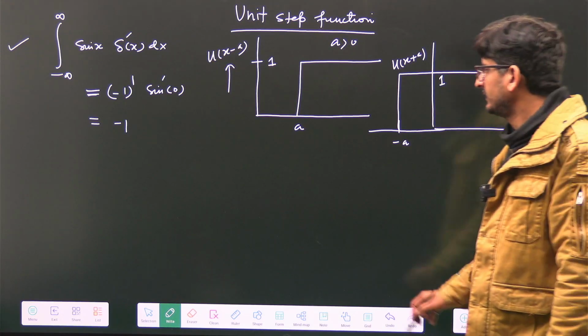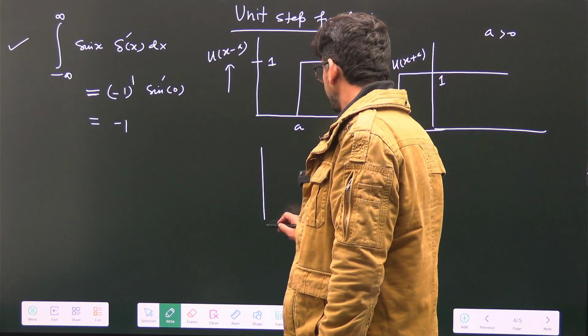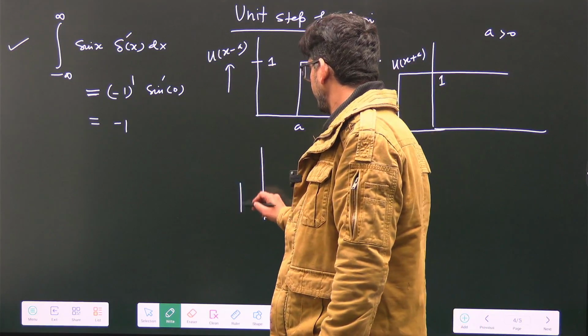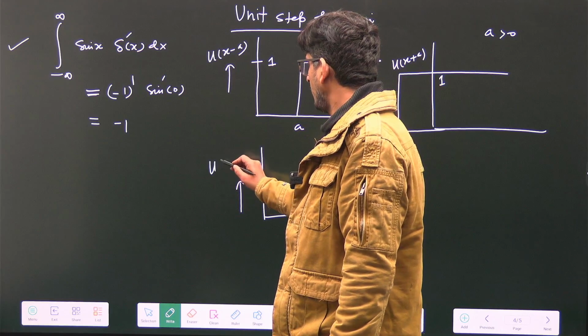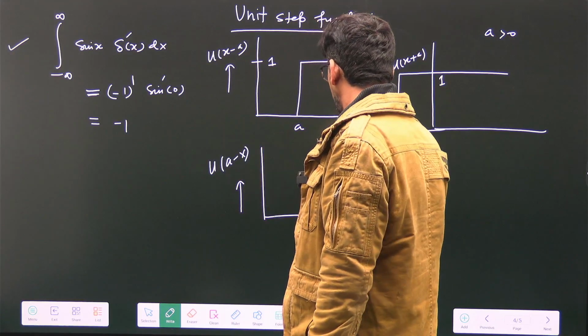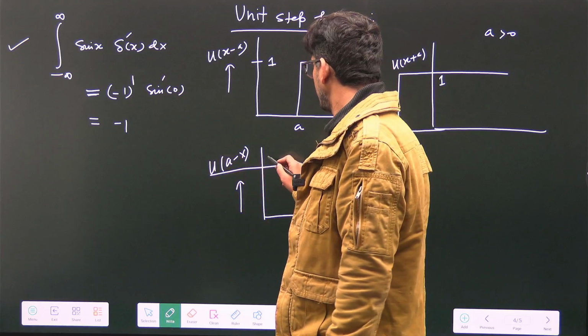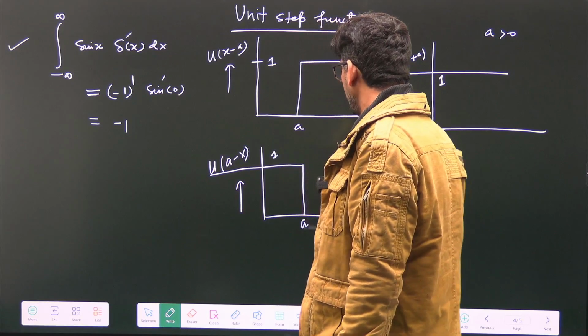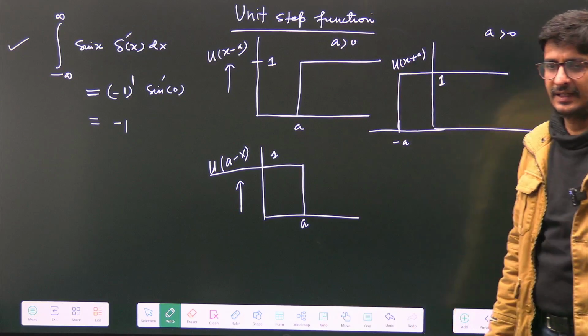And if I write u of a minus x, it will start from a and left hand side it will remain 1.